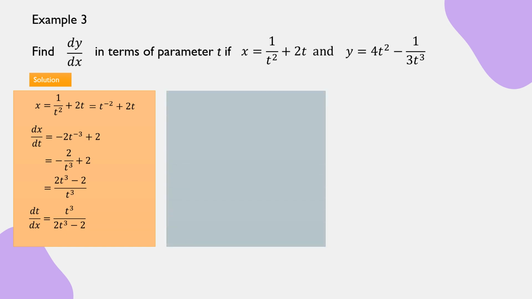Okay, second, find dy/dt. y equal to 4t squared minus 1 over 3t cubed. So equal to 4t squared minus 1 over 3 t to the power of negative 3.